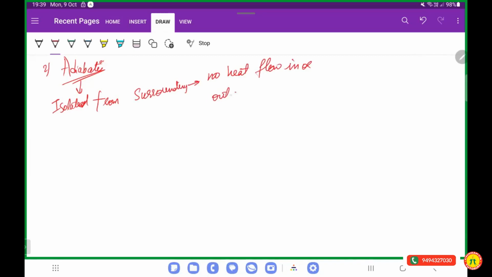So whatever change happening during this process, that is adiabatic process. So dQ equals 0. So dU equals n Cv dT for any process. dW equals P dV.